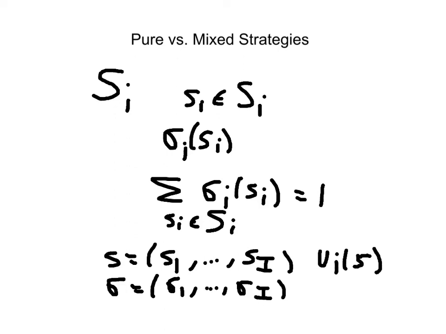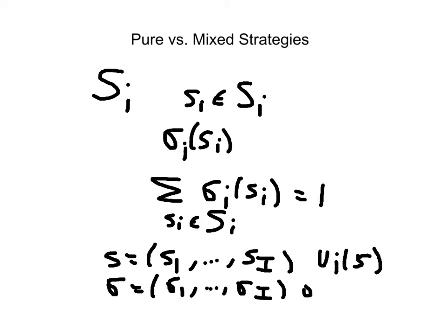We can define the expected value of the payoff for player I for the profile of mixed strategies. We just need to multiply all these probabilities together because we need to figure out the probability of the payoff arising, and that's simply computed as the probability that all pure strategies get played.